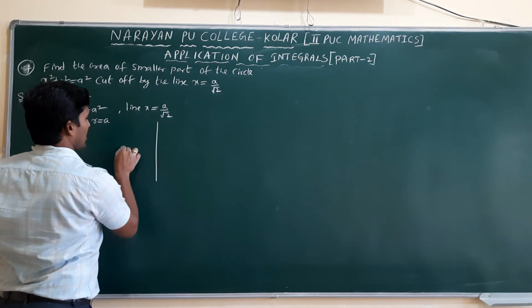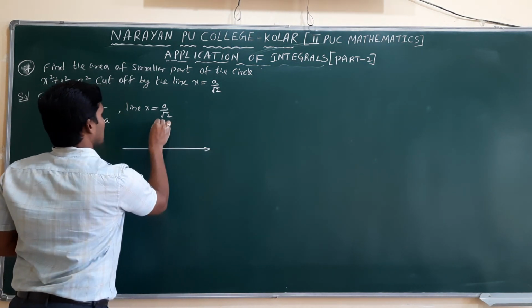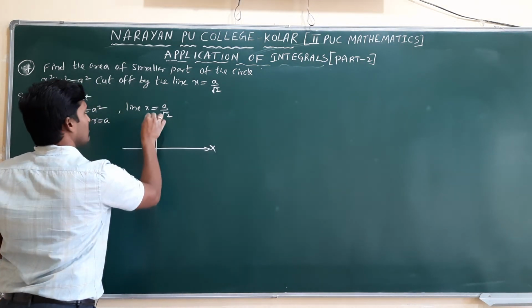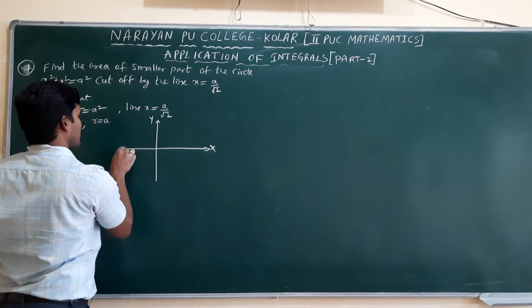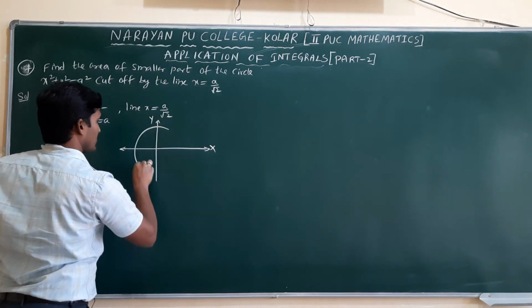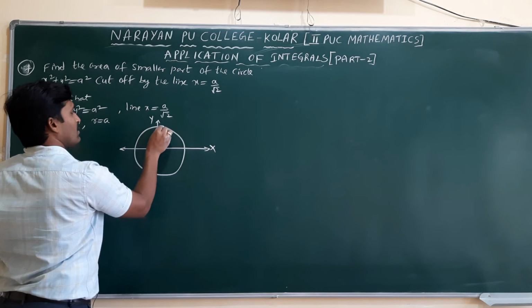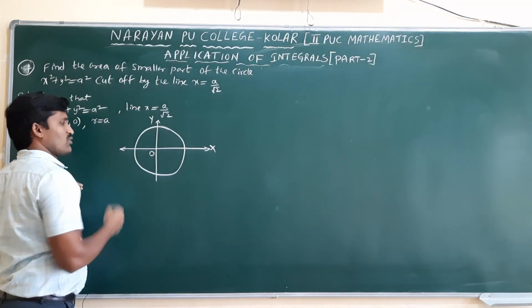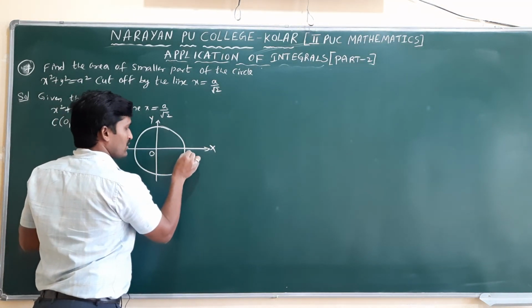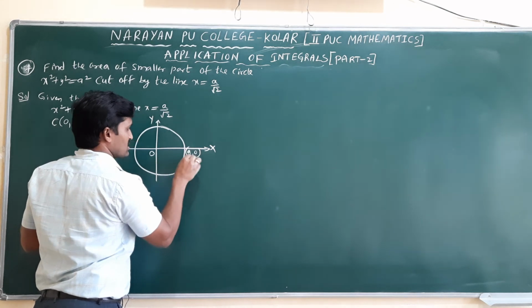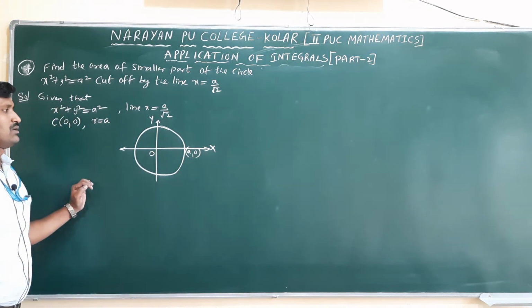Based on the given data, I am drawing the circle and the line. Now the center of the circle is the origin, and the radius is clearly a, 0.